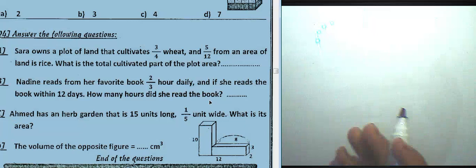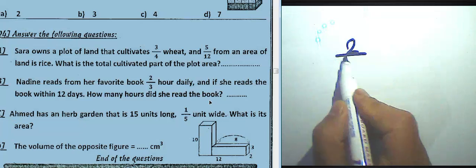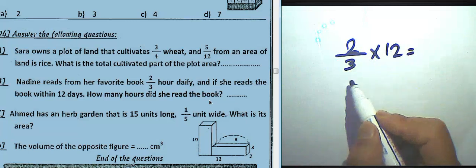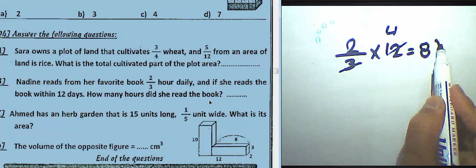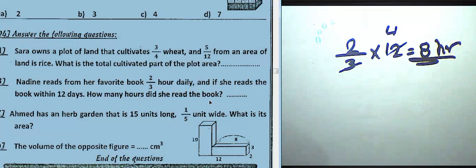Saturday 2/3 hour, Sunday, Monday, every day. We want to find how many hours she read within 12 days. We can write 2 over 3 hours multiplied by 12 days, and simplify it. 12 divided by 3 equals 4, 2 times 4 equals 8. Then she will read 8 hours from the book.